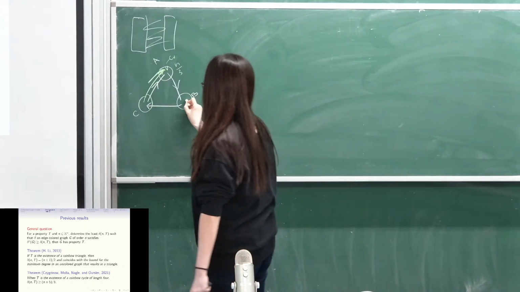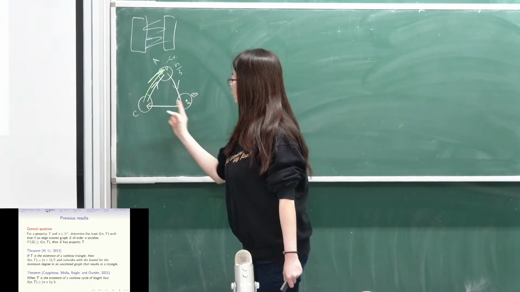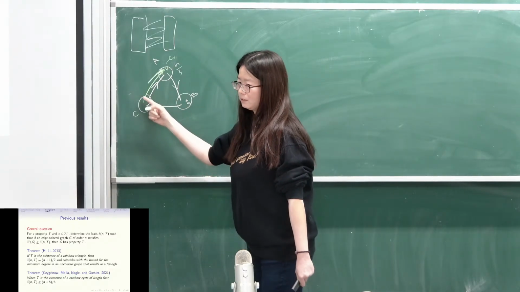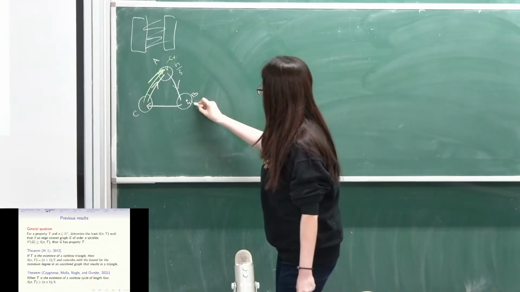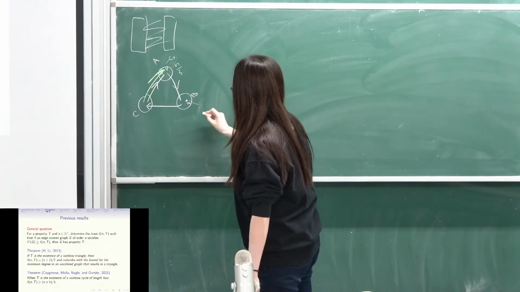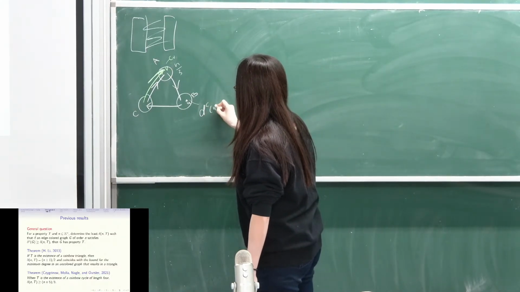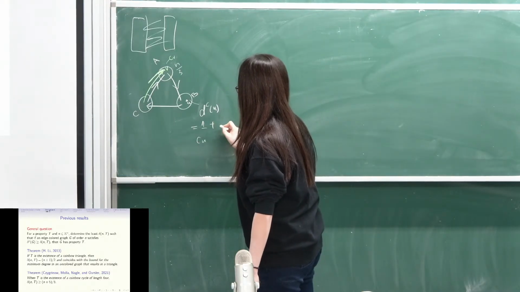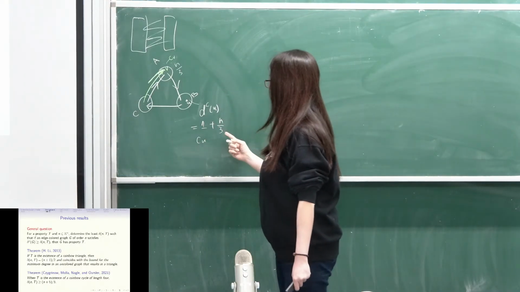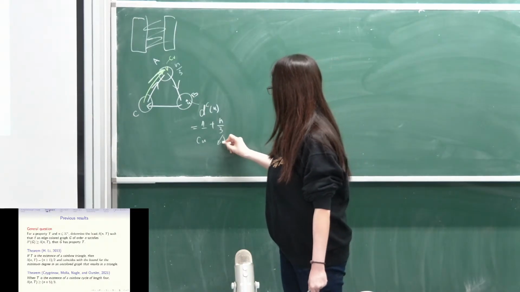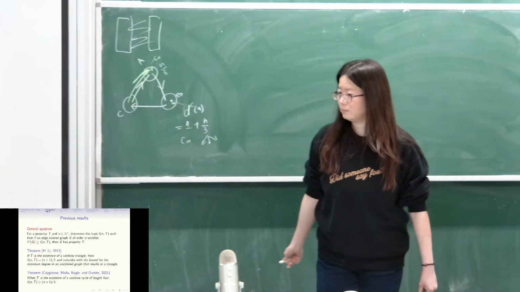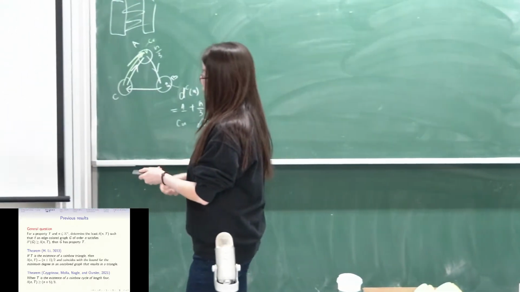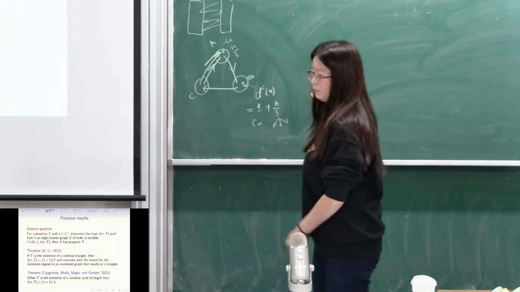And we also have all the out-edges pointing to C. Each of them receives a distinct color, CV1, CV2, and so on. So the color degree of U is going to be 1, which is CU, plus 1/3 of n, which is all the out-edges pointing out from U. So in this graph, the color degree is indeed roughly 1/3 of n.